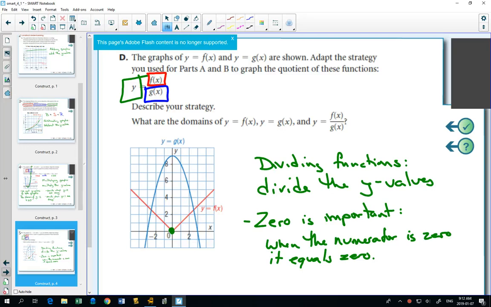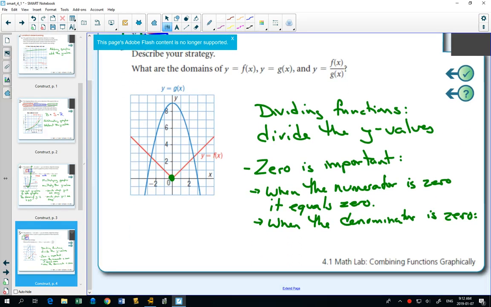What happens when the denominator is 0? We get an error. Not possible. What happens in a graph when you divide by 0?